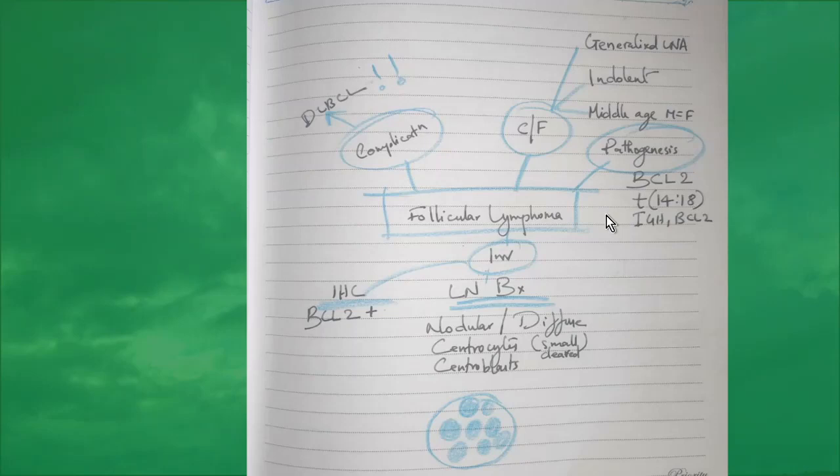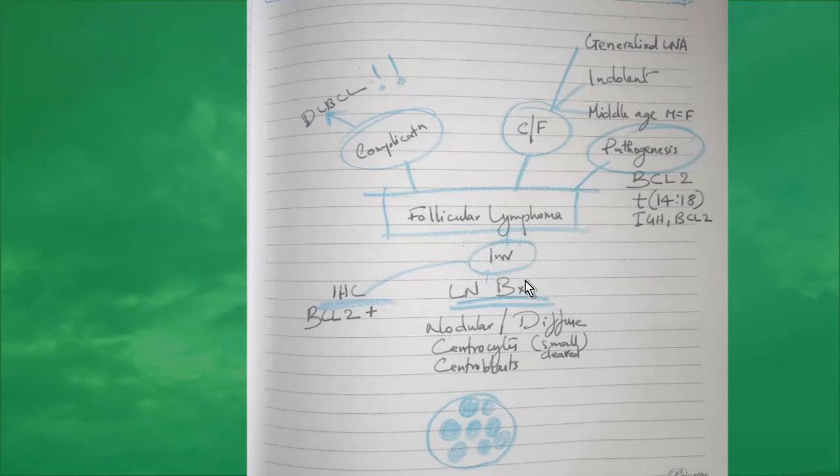In fact, BCL2 derives its name from follicular lymphoma only. BCL means B cell lymphoma, type 2. There are BCL1 and 2 types of proteins. And there is translocation 14-18. We'll come to that later.